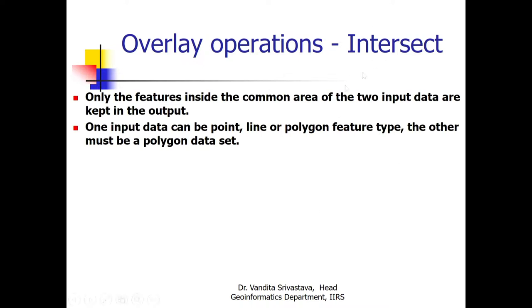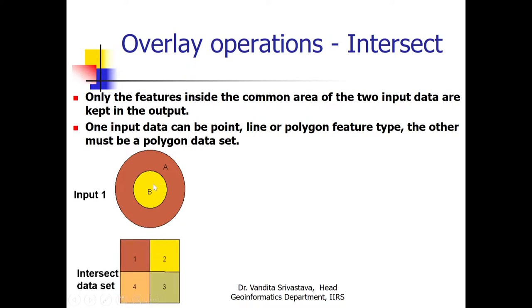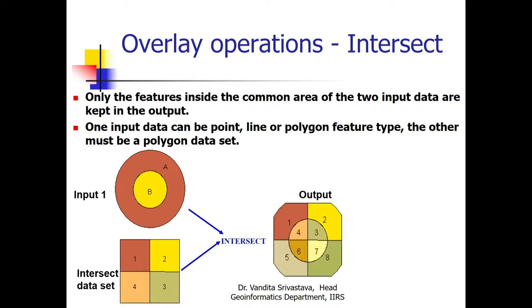So here if you look at intersect, let me show you the figure. So if this is map A, the input map, and this is the intersect map, we call it the operation layer, then this is how intersection works.